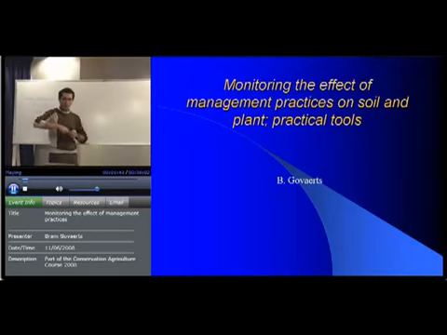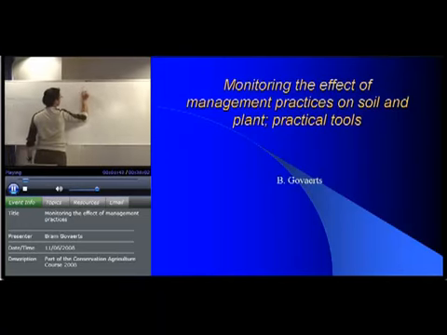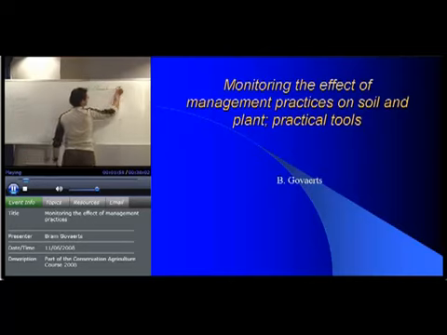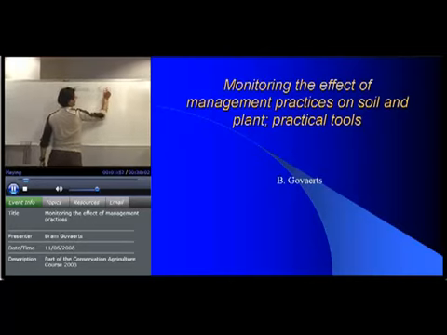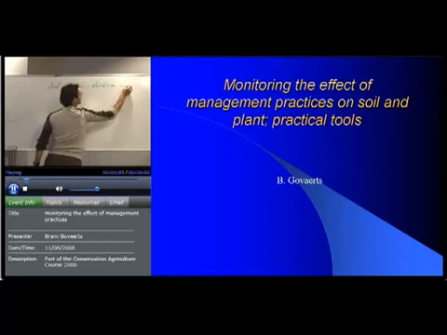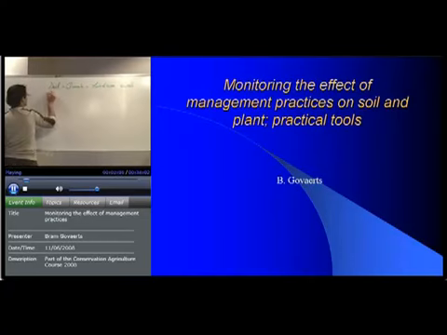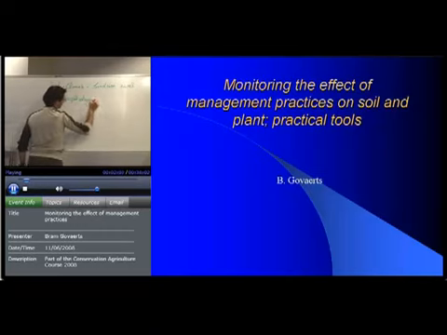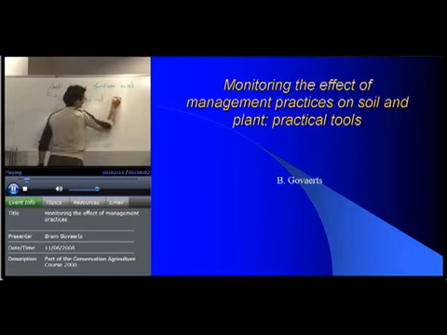So first what you do when you come to a new area is you do a soil, climate, land use evaluation, right? Which is actually called an aggregate evaluation.